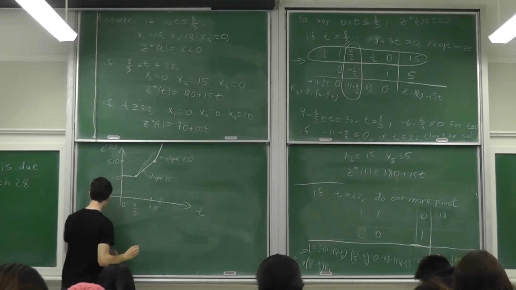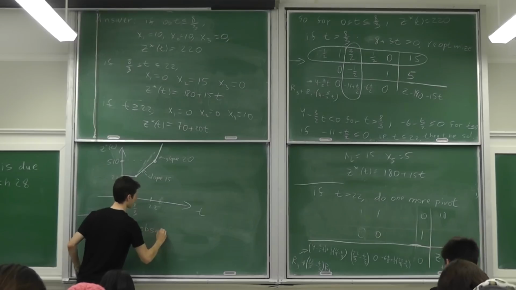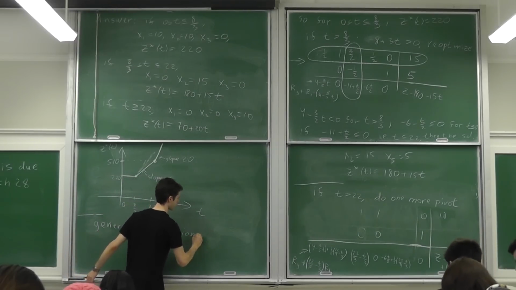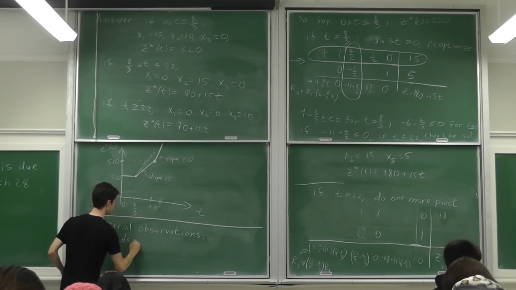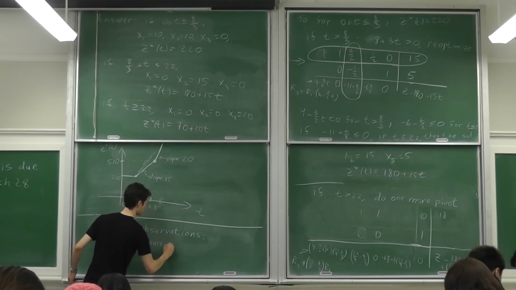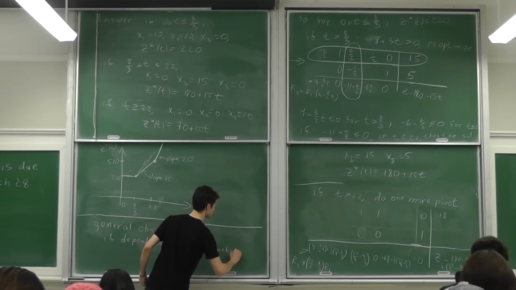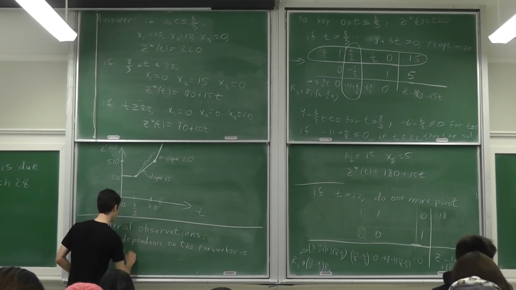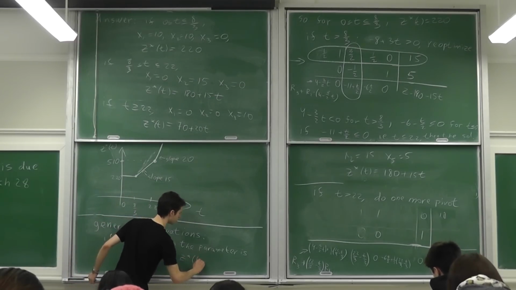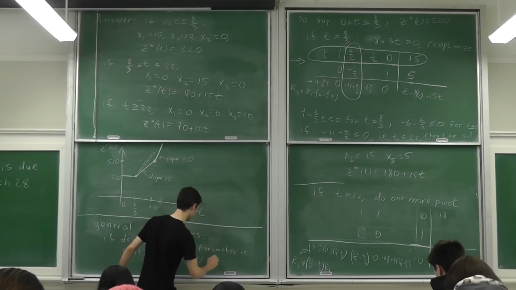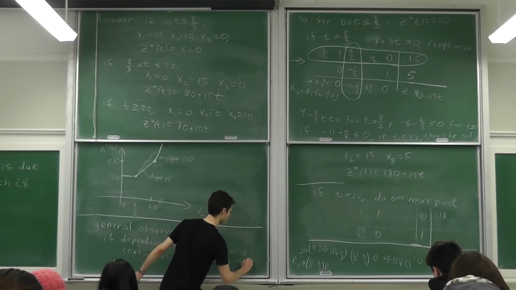So let me make general observations. If the dependence on the parameter t is continuous, you should expect the optimal function to be continuous.